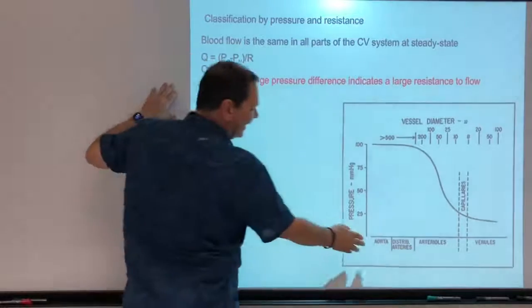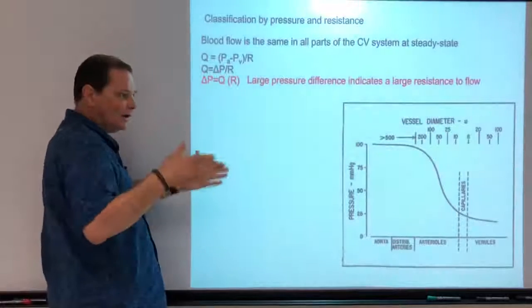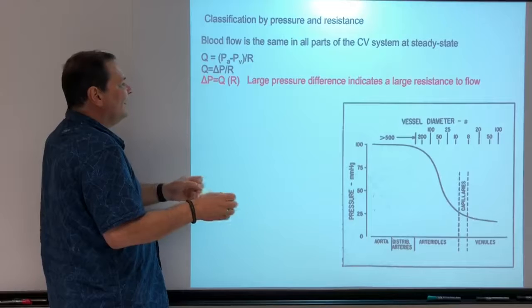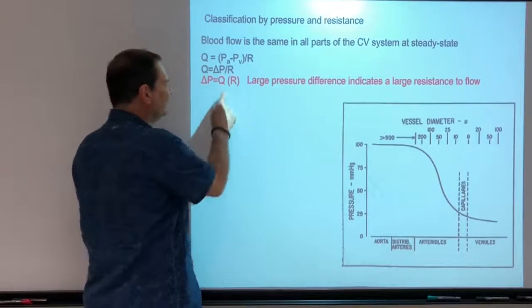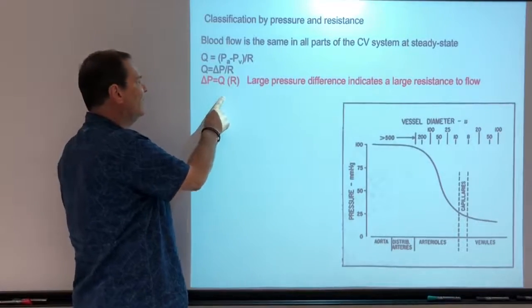So if you look at any particular compartment here, if you look at the difference in pressure on one end of the compartment compared to the other, you know the flow through that compartment is the same everywhere. This is constant, 5 liters per minute normally, okay?